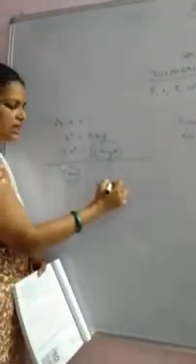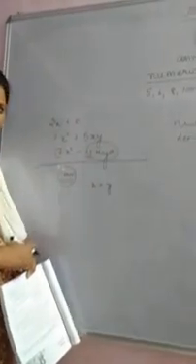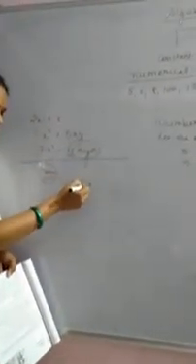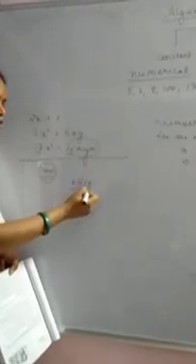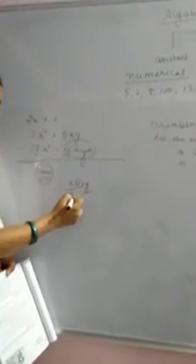For example, I am just taking x plus y. Because here the plus sign is there, I will say there are two terms. First term is x and the second term is y.